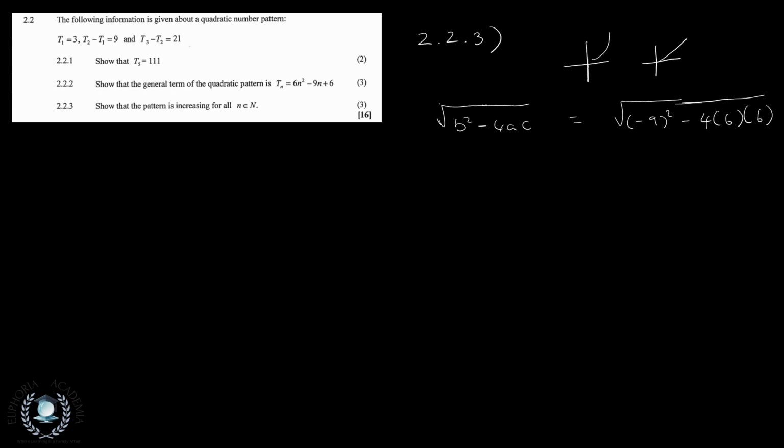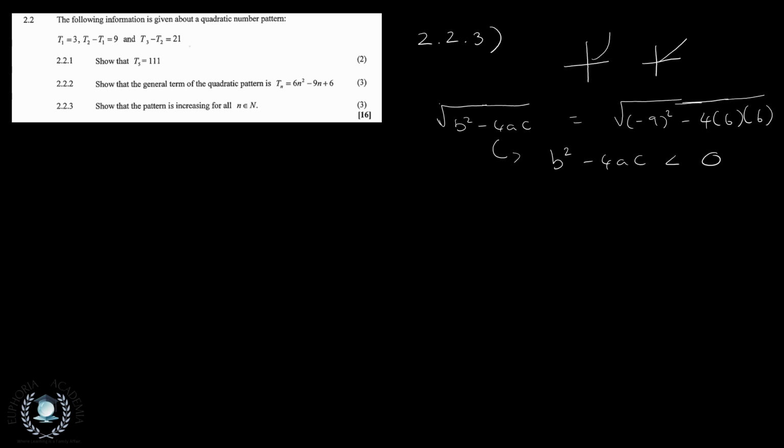Now, if you put that in your calculator without doing the square root, you can see that the discriminant, our b squared minus 4ac, will always be less than 0. So it's not ideal for us to use that.